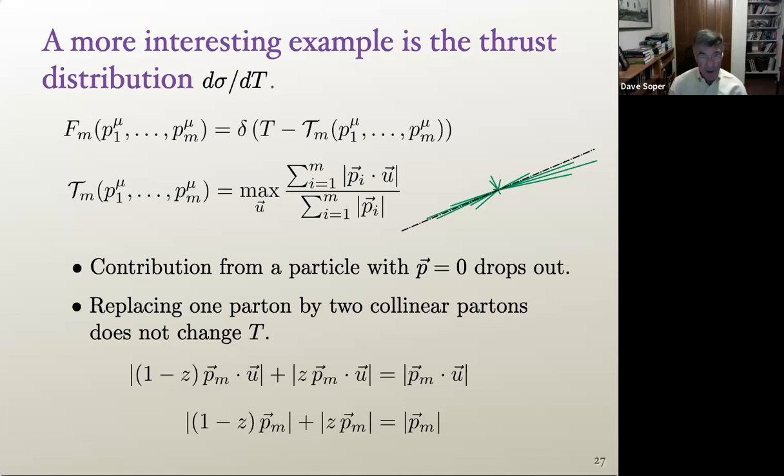And the thrust for m partons is, it's a kind of complicated definition, but we can just work through it. You sum over all the partons, or if it's hadrons, you sum over all the hadrons. And in the denominator, you have just the sum of the absolute values of the momenta. And that's the energy, because I suppose these are all massless particles.